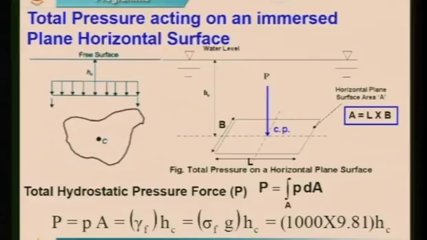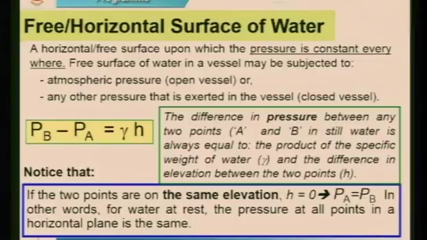We will take the next slide. Free or horizontal surface of water: you can see here a horizontal free surface upon which the pressure is constant everywhere. The free surface of water in a vessel may be subjected to atmospheric pressure or any other pressure exerted in the vessel, maybe a closed container.